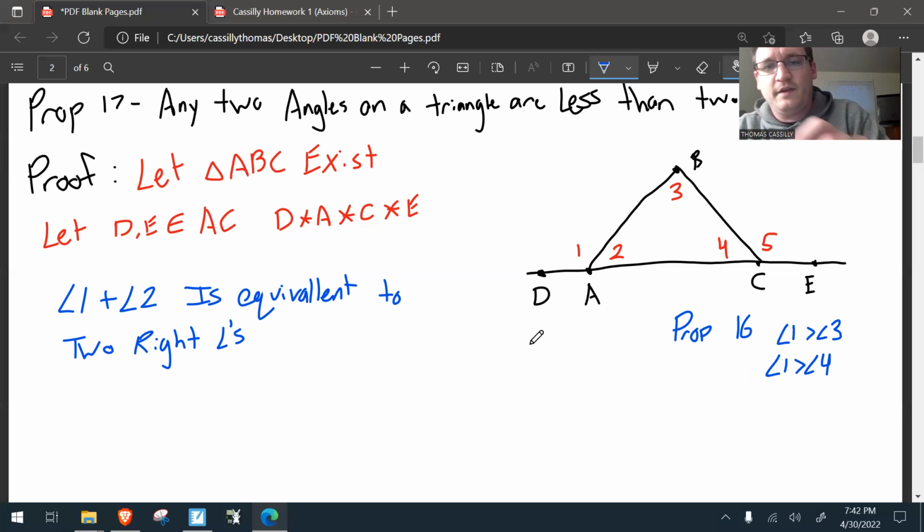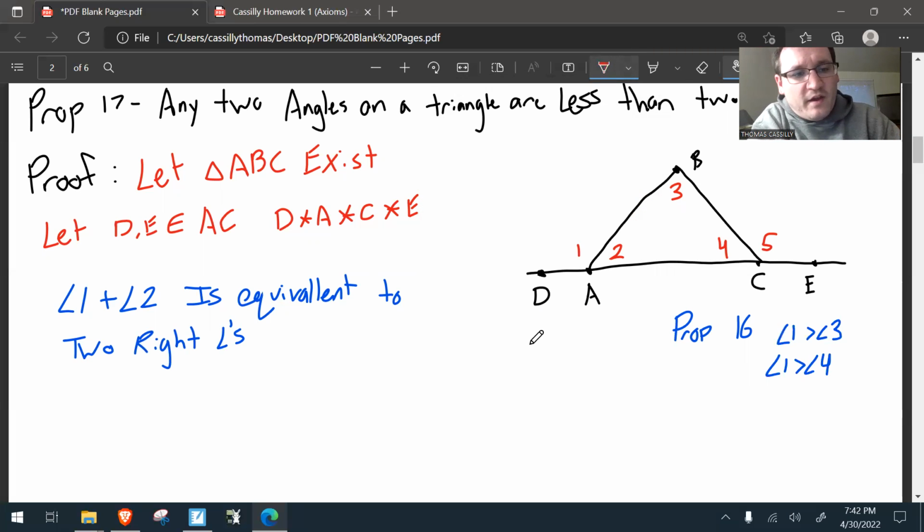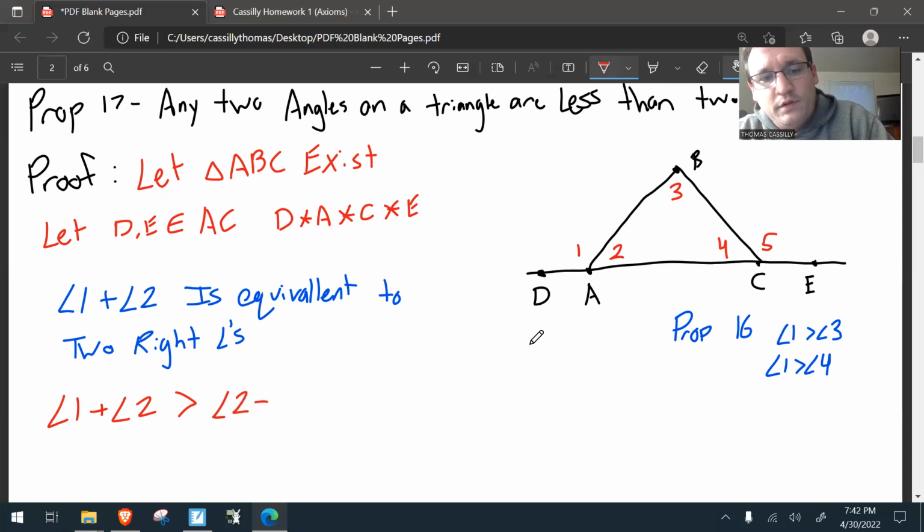So what we can say is angle 1 plus angle 2, the sum of those two angles, which is equivalent to two right angles, has to be greater than angle 2 plus angle 3. Why do we know that?